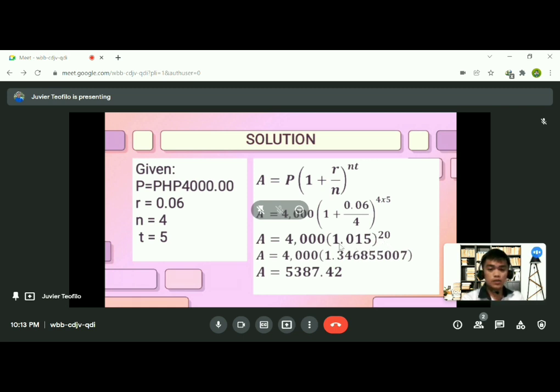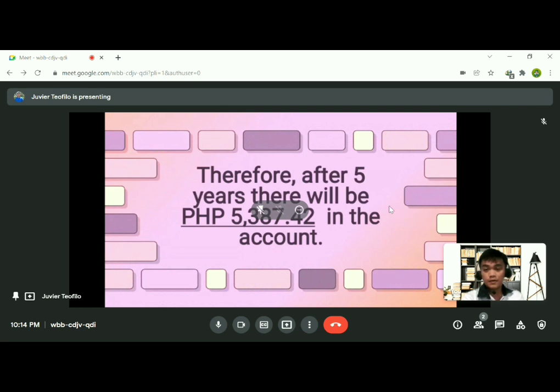You're going to solve this: 1.015 to the 20 is equal to 1.346855007. Then if you multiply this by 4,000, we have 5,387.42 centavos. So therefore, after 5 years, there will be 5,387.42 pesos in the account.